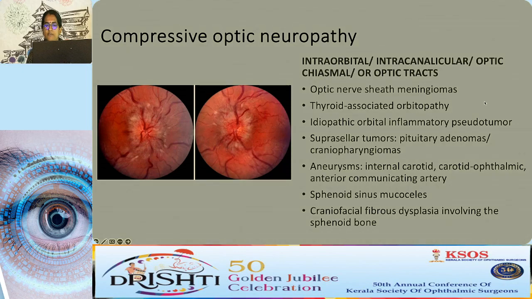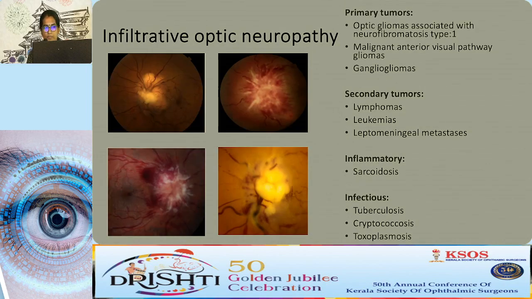You can have optic nerve sheath meningiomas, thyroid associated orbitopathy, idiopathic orbital inflammatory syndrome, and suprasellar tumors, the classical ones being pituitary adenoma and craniopharyngiomas, aneurysms of internal carotid and ophthalmic arteries, anterior communicating arteries, sphenoid sinus mucoceles, and fibrous dysplasias involving the sphenoid bone. All this can cause compressive optic neuropathy.